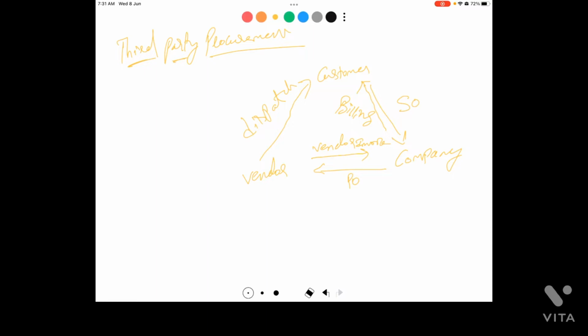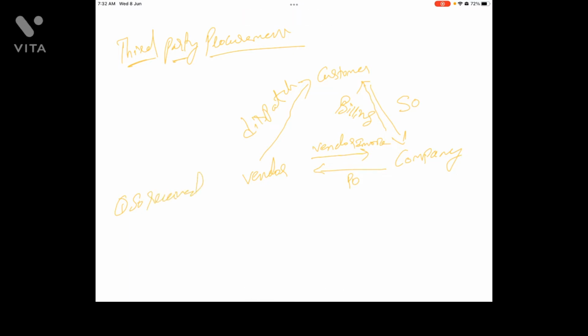Clear? Yes. So what are the points you need to understand here? SO received in my company, and invoice prescription to outside the company.